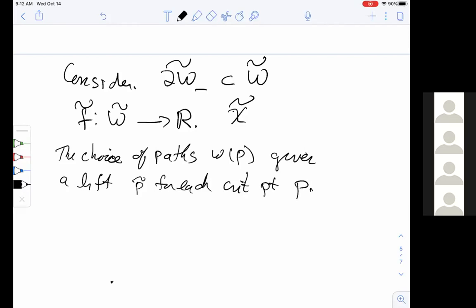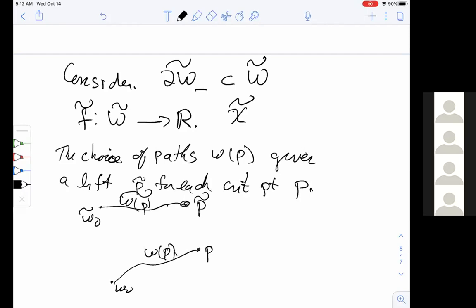Namely, downstairs in the manifold, you have this path omega p. You simply fix a base point upstairs above omega naught tilde, fix that once and for all, and then you lift the path, and it's starting at omega naught tilde. Its other end will be a critical point above p, which is the one that's determined by that choice of path.